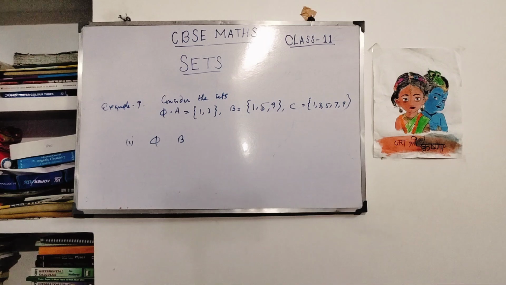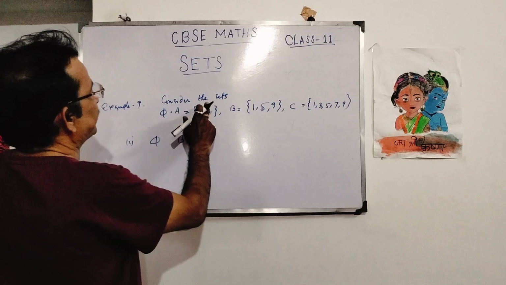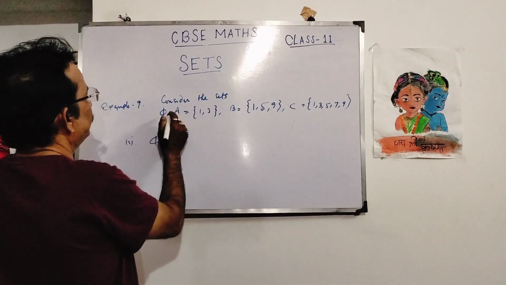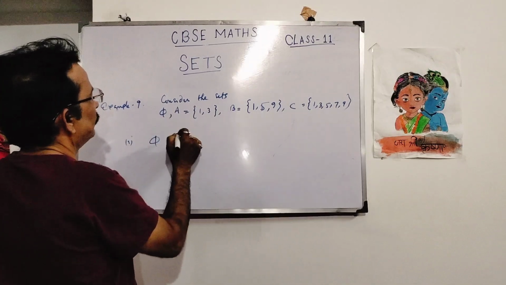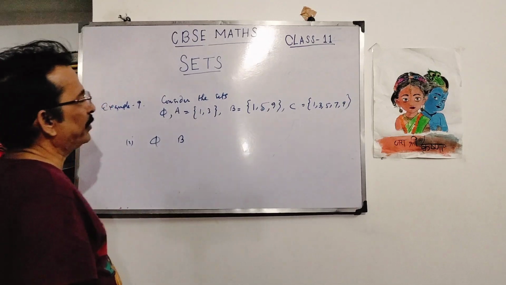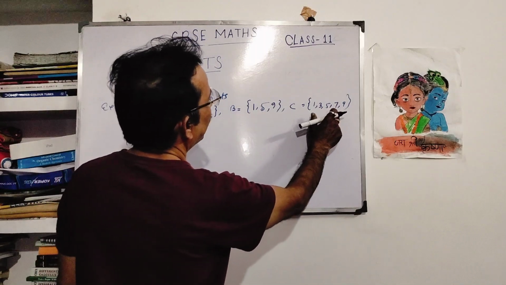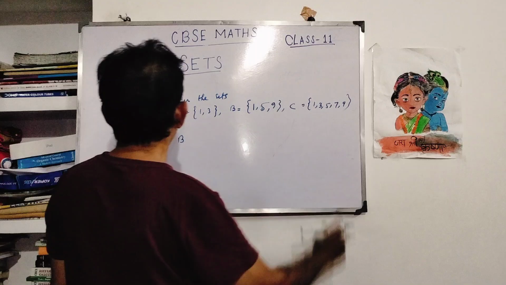Now, here is example 9. Consider the sets phi, A with elements 1 and 3, B with 1, 5, 9, and C with 1, 3, 5, 7, 9.